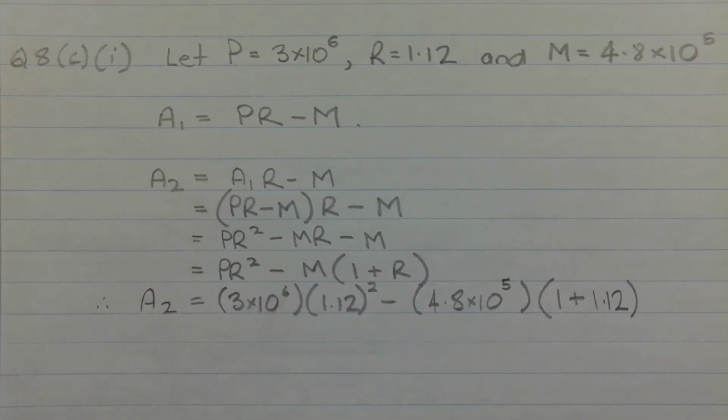Now we can substitute the values for the variables. So A2 is equal to 3 times 10 to the power of 6 times 1.12 to the power of 2 minus 4.8 times 10 to the power of 5 times (1 plus 1.12), as required.